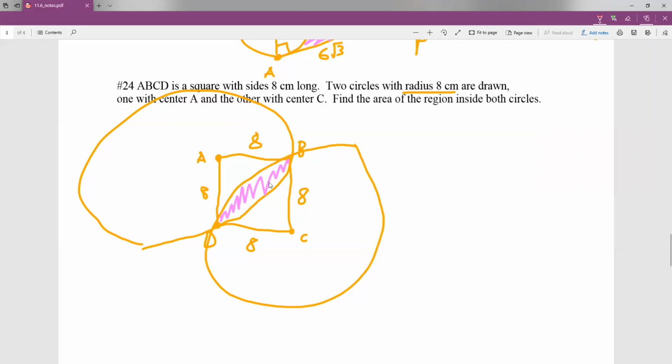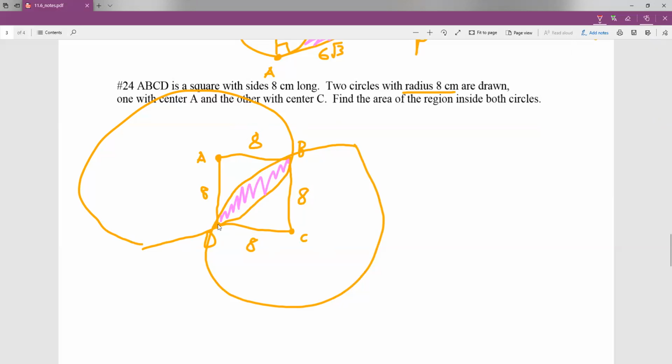All right, so what do you notice about both of these circles? Well, they have the same radius, which is great. And they both go through points B and D.